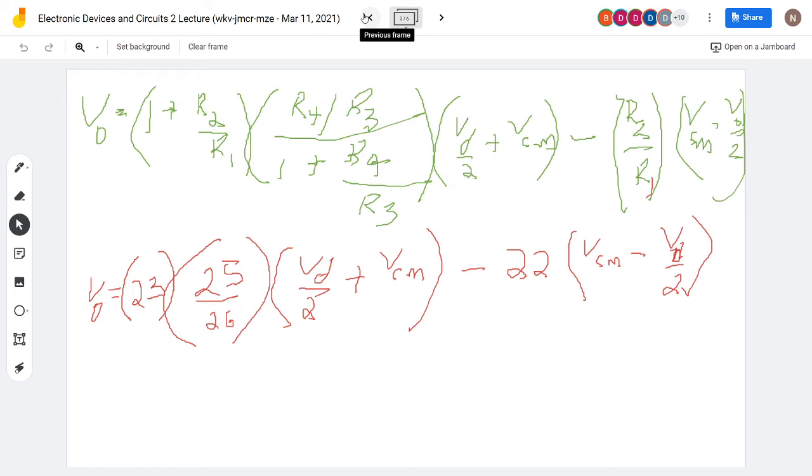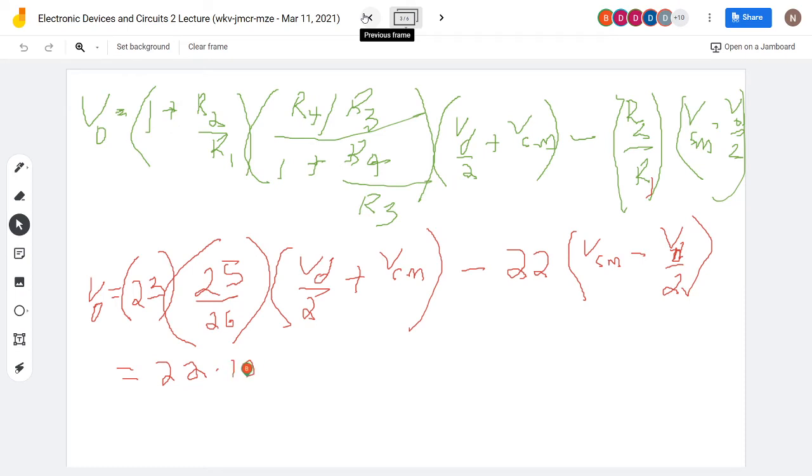We have 25 divided by 26 equals that times 20 times 23. You get 576 divided by 26, which is 22.12.